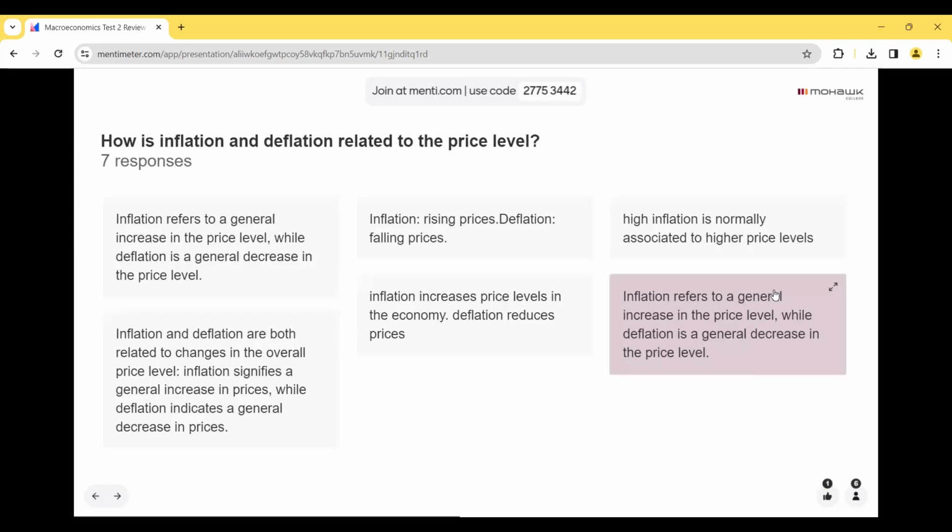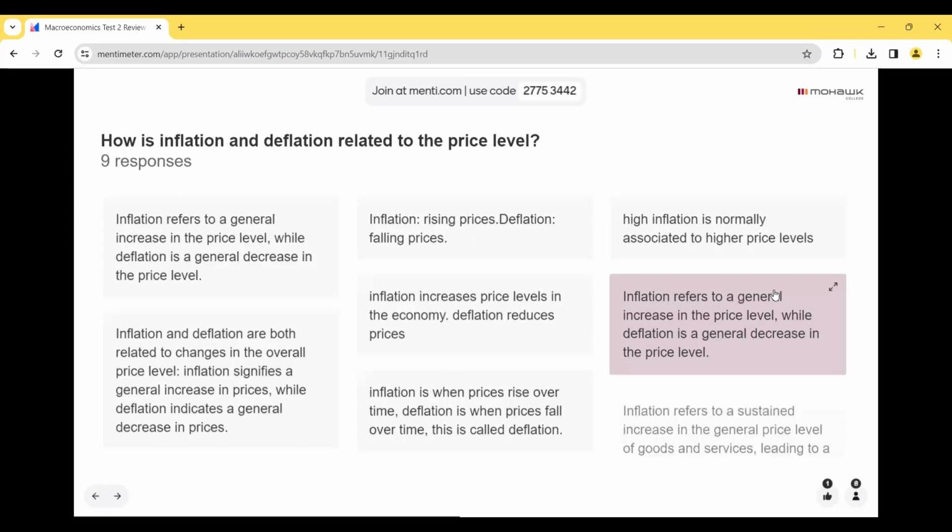Inflation is rising prices, deflation is falling prices. High inflation is normally associated to higher price levels. Inflation refers to general increase in the price level, while deflation is general decrease in the price level.